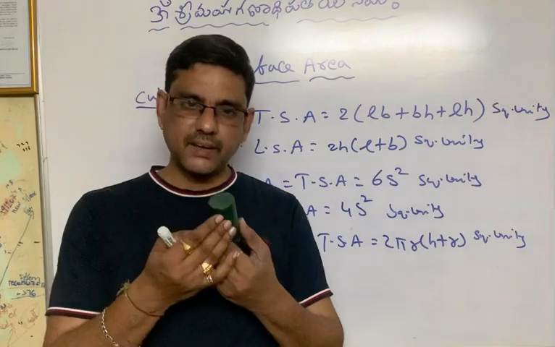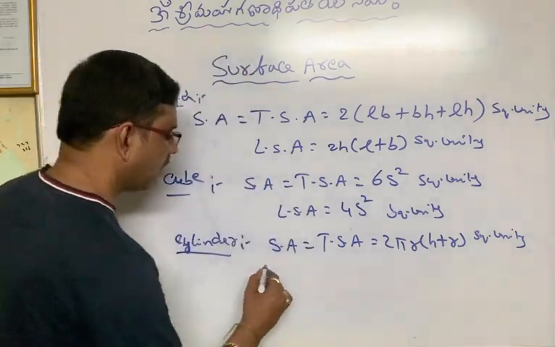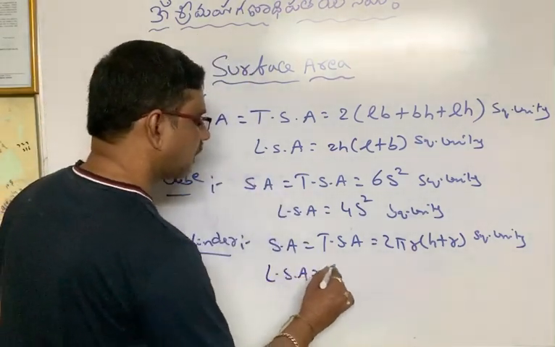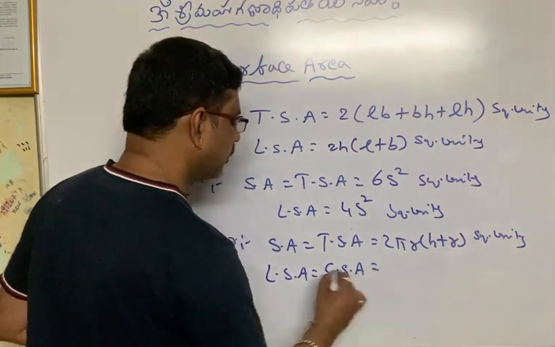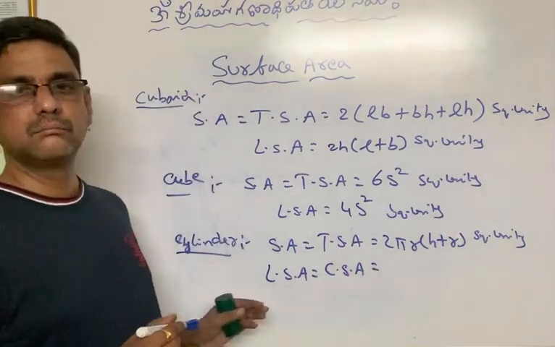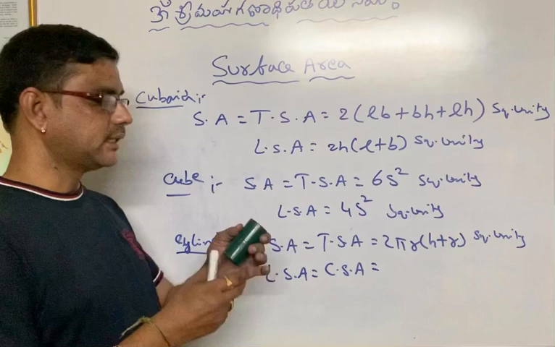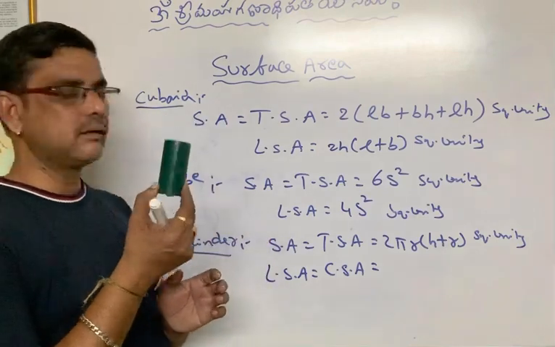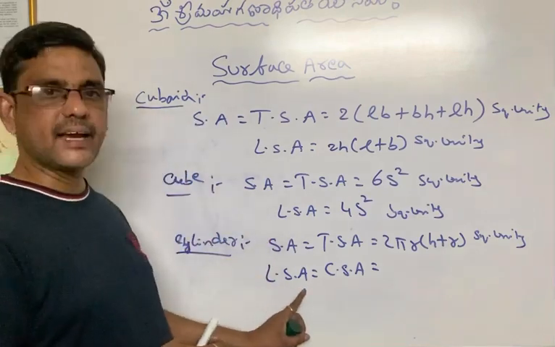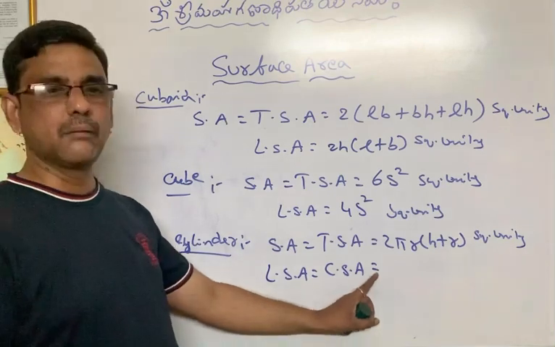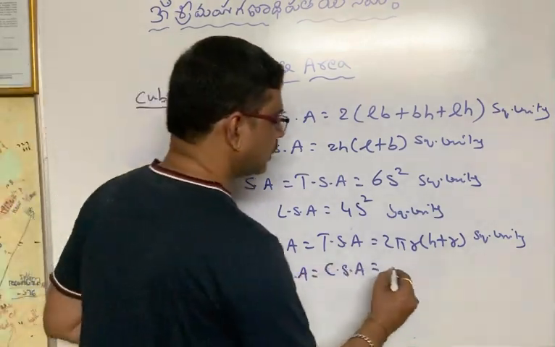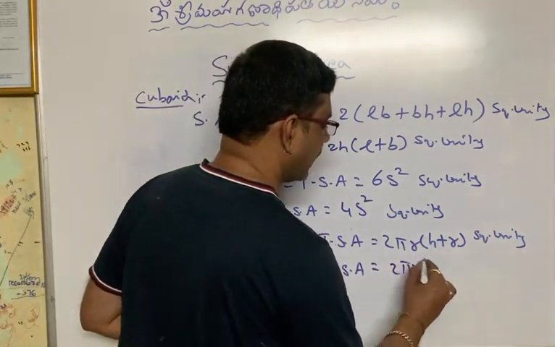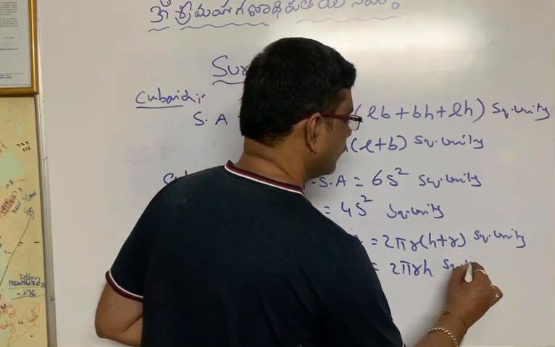So lateral surface area or curved surface area are both the same, equal to 2 pi r h square units.